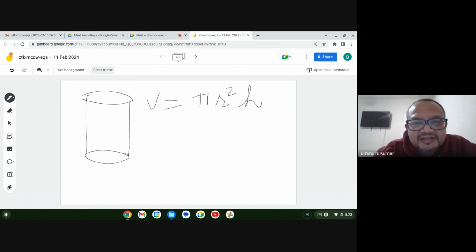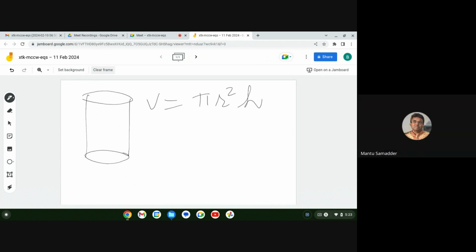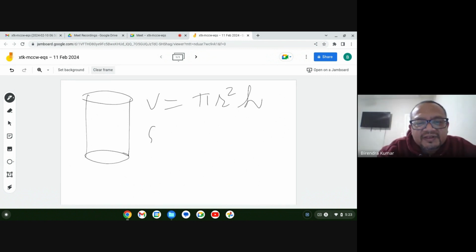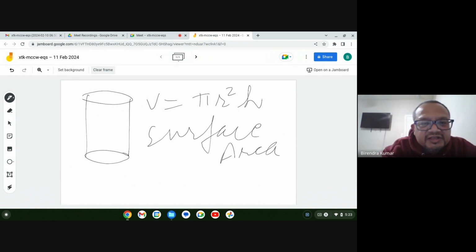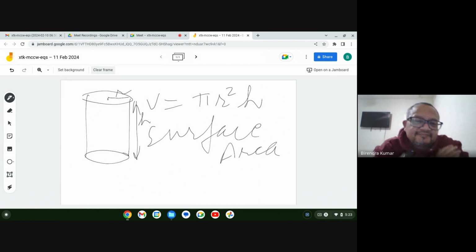Now comes an interesting question. If I ask you guys, what is the surface area of the cylinder which has a radius of r and height h? This is something that I want you guys to think about.